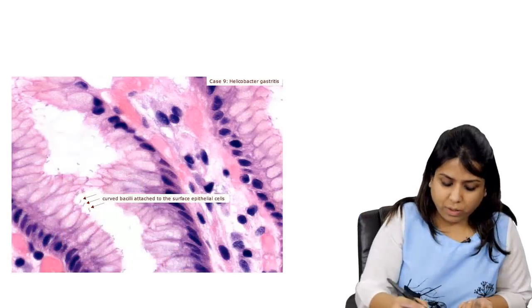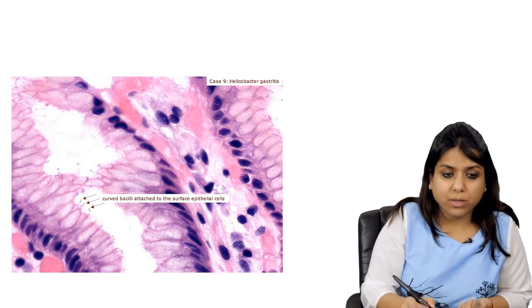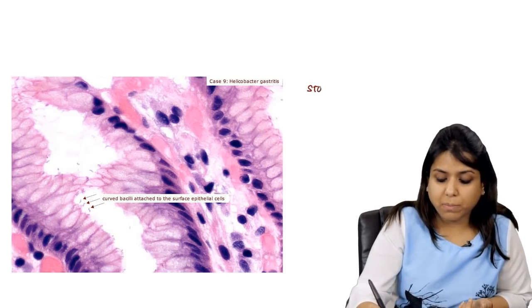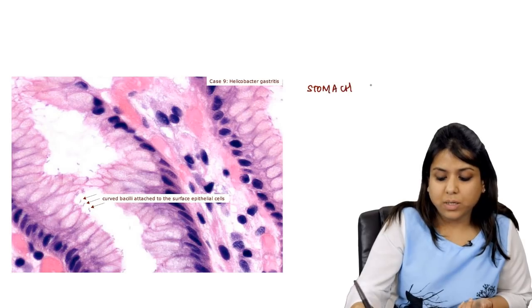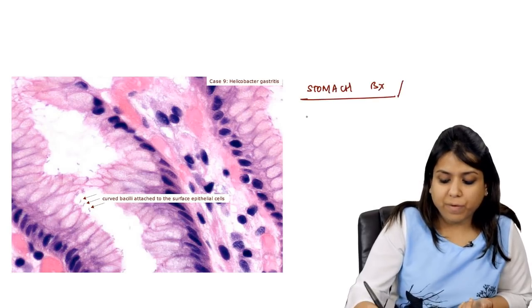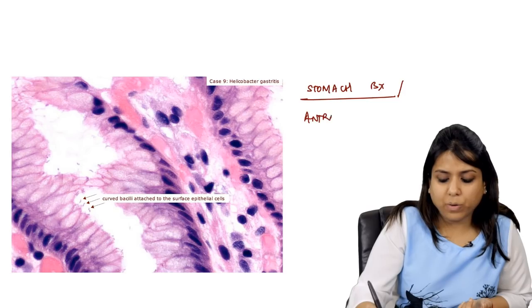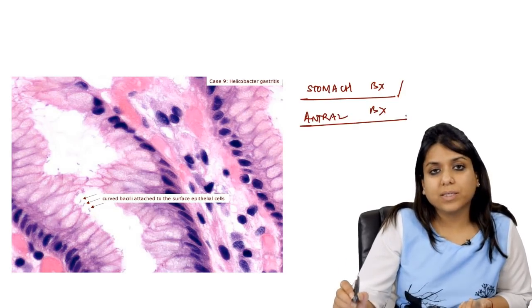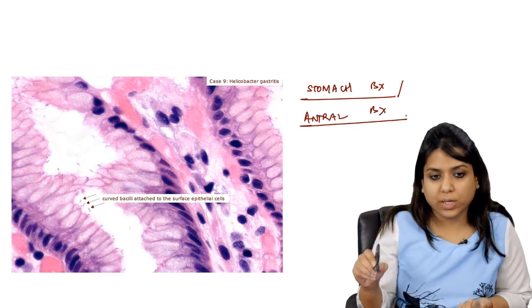First of all, a slide showing curved bacilli at the apex. This is a stomach biopsy, students. In fact, we take an antral biopsy in case of H. pylori. It is very difficult to visualize H. pylori on H&E.